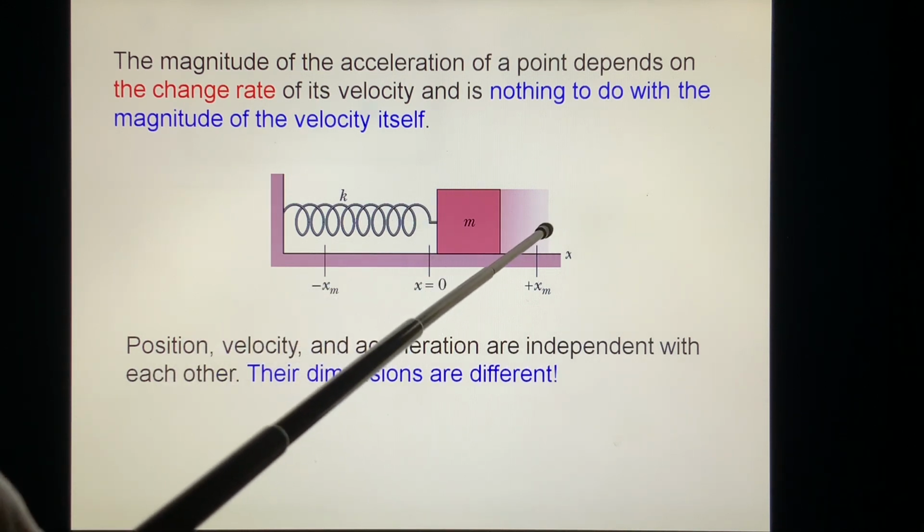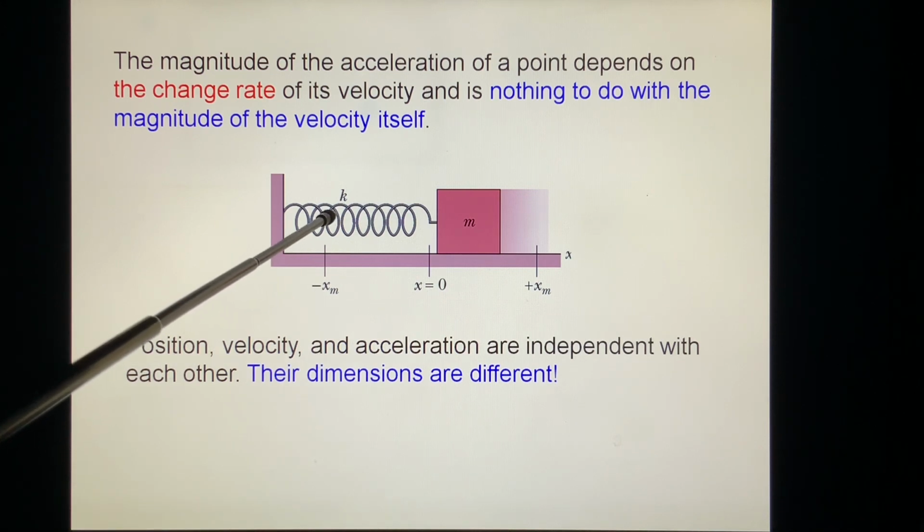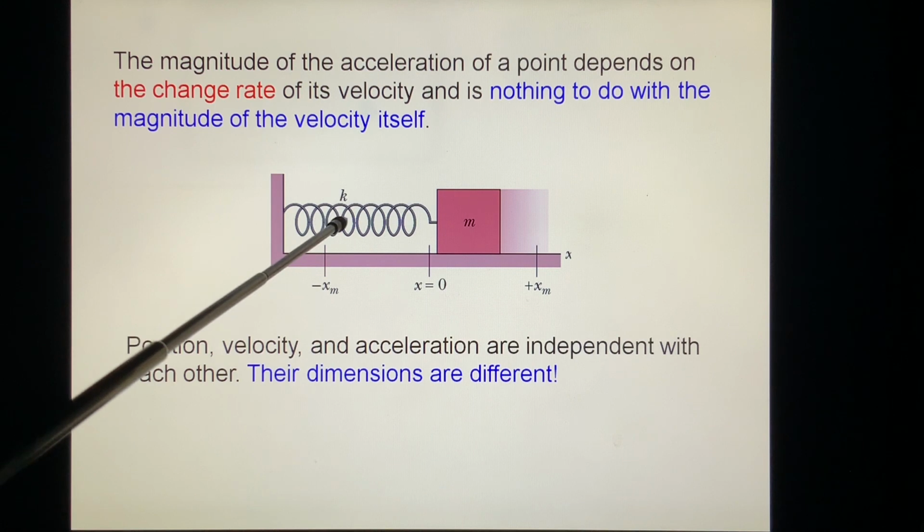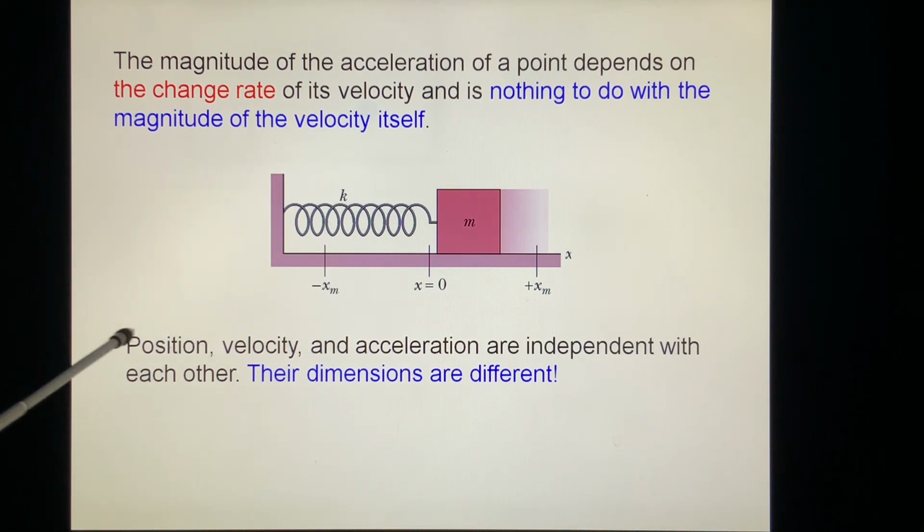And at the two extreme points, velocity is 0, but acceleration is very large. So position, velocity, and acceleration are independent of each other. Their dimensions are different. So big velocity does not mean big acceleration. Acceleration is the change rate of velocity.